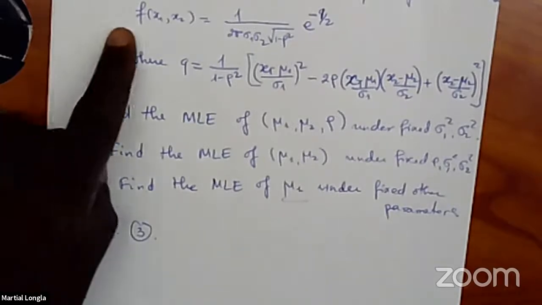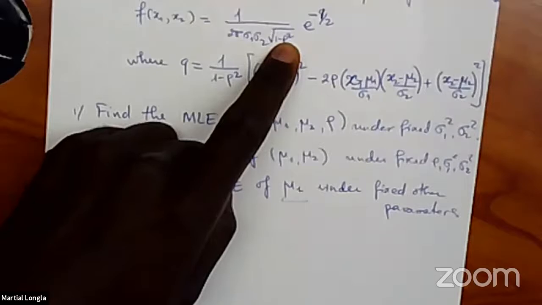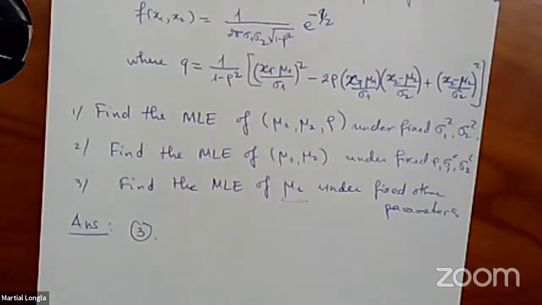Most of the time, instead of maximizing this formula, we minimize negative log likelihood. And the answer is the same.